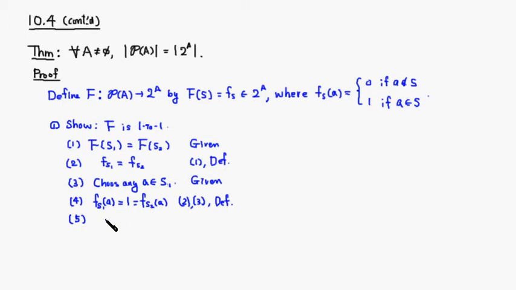so a is in S2. So I'm using 4 and of course the definition, since it gives you 1, which means that the element has to belong to that set. So I'm using the definition again.